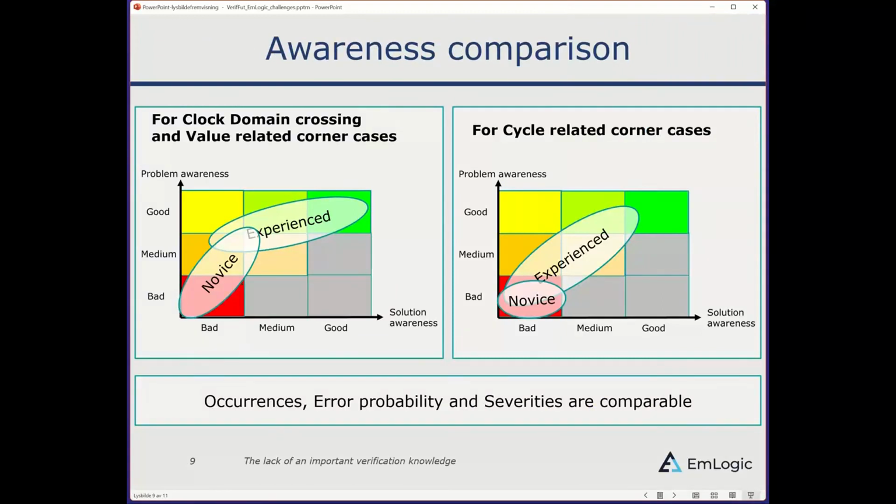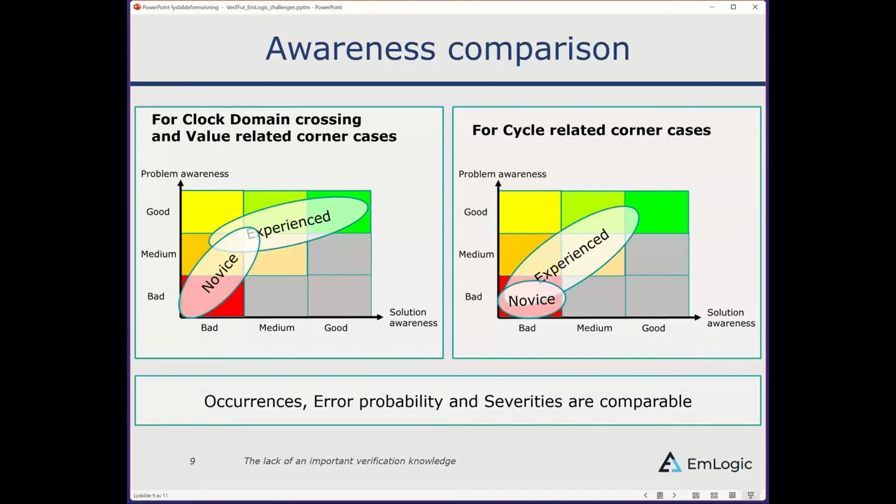So I want to conclude by saying that there's a problem with awareness for cycle-related corner cases. If you look at clock domain crossing and value-related corner cases, people talk a lot about that. And the graph is showing problem awareness versus solution awareness. You can see that most experienced designers are definitely aware of the problem, and quite a few also know how to solve them.